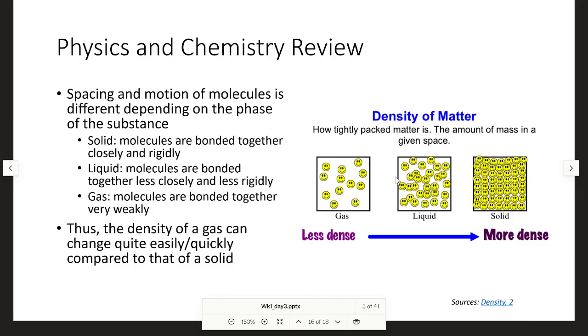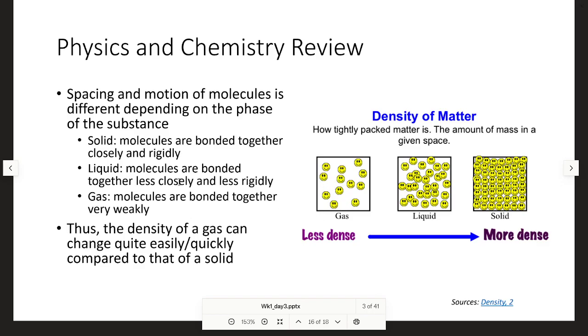That's adorable. Okay, so spacing and motion of molecules is different depending on the phase of the substance, like we were talking about earlier. If you have a gas, they're all spread out and moving fast, and they're not really bonded together.